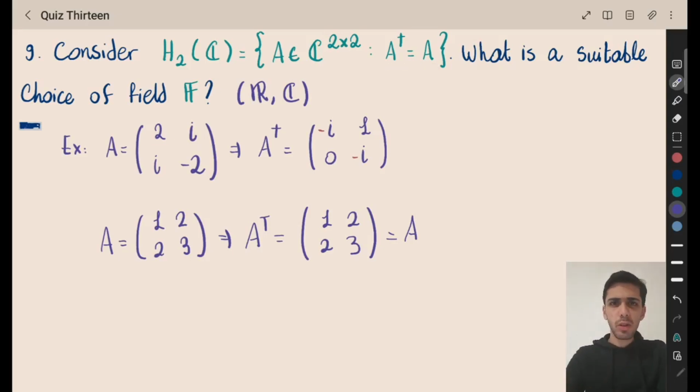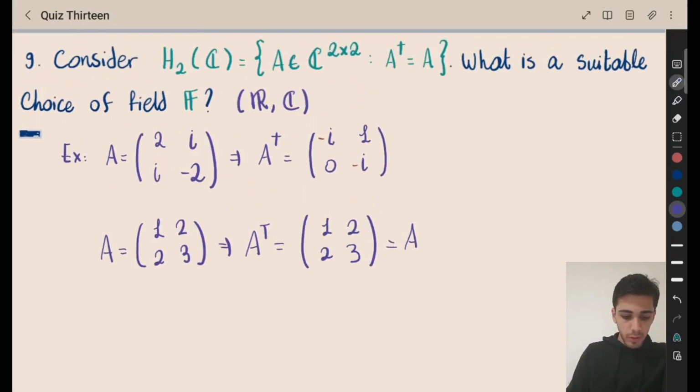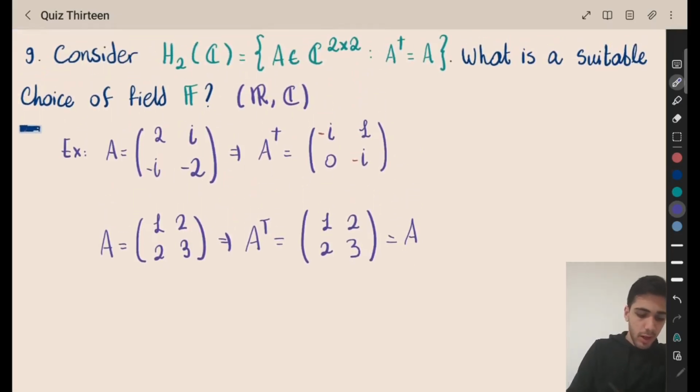Give me a moment, I'll take a look at an example. Yes, there you go. If we take this matrix, we make this an I and we make this a minus I, then first thing we do is we transpose this. Write 2 minus I, and then I minus 2. And then we take the complex conjugation. This becomes positive and this becomes negative. And in this case, your A is equal to your A dagger.